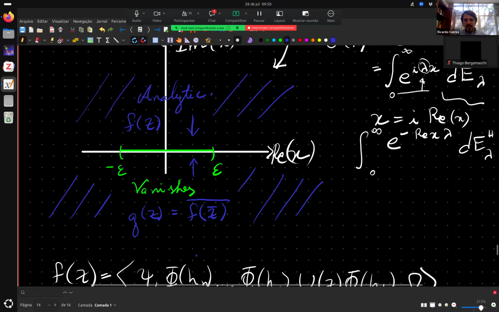So in this green region, f of z and g of z coincide. So we have a function which is continuous and analytic in the upper half plane, the function g which is analytic in the lower half plane, and the two functions coincide on the boundary and are continuous there. Therefore, the function is also analytic in this gray region.